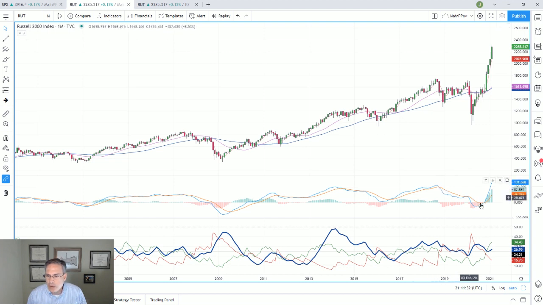It was working its way back down to the zero area, just like it did here, only a little bit more accentuated just because of how violent the decline was. But the fact of the matter is we just recently had a MACD cross right around the zero line and cross back above the signal and the zero.